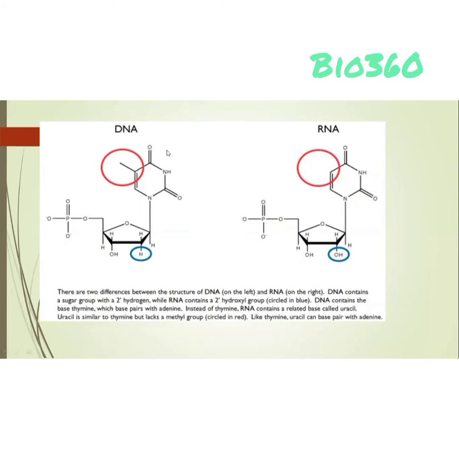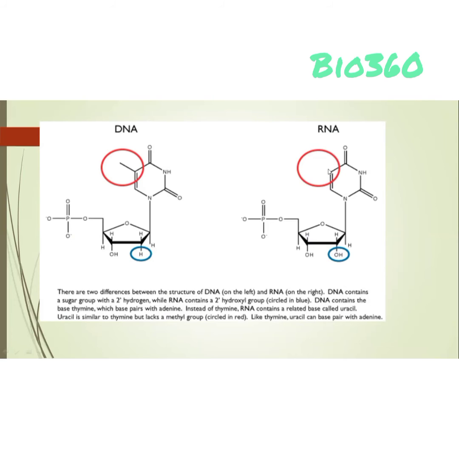So let's see the basic difference between DNA and RNA. DNA consists of what? Deoxyribose sugar. So there is no hydroxyl group at the second carbon of the sugar. That is why this is called deoxyribose sugar. But in RNA, there is ribose sugar, and the hydroxyl at carbon 2 is present. And you will never find thymine in RNA.